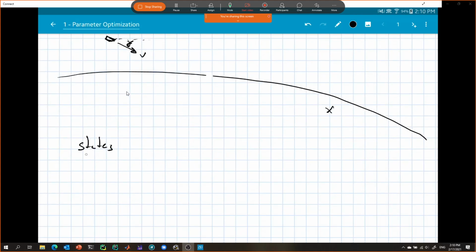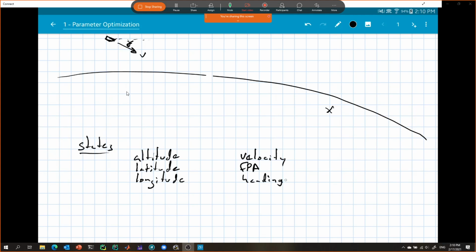Its states are altitude, latitude, longitude, and we also have a velocity, flight path angle, and then heading. So we have these 6 states. This is a 6-dimensional problem.